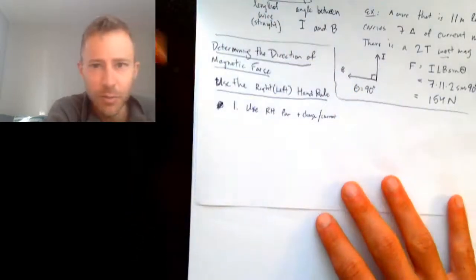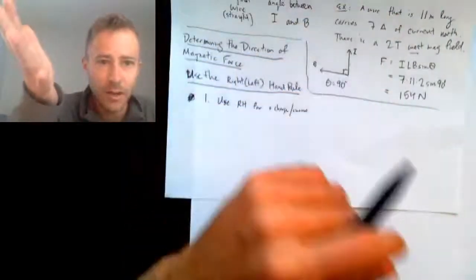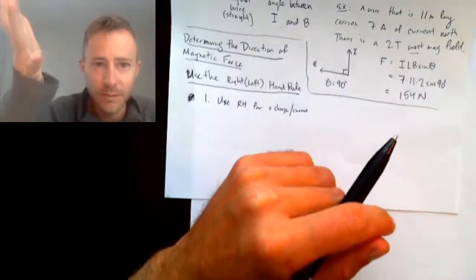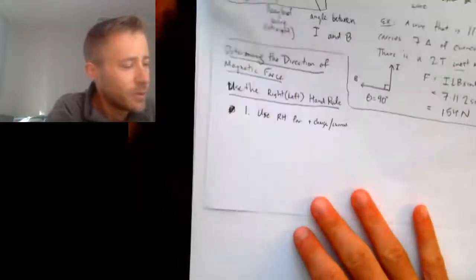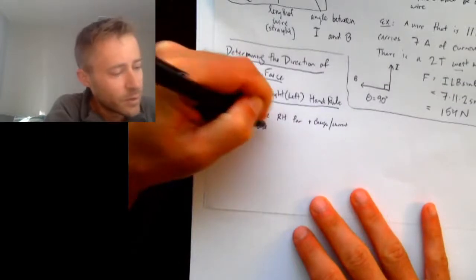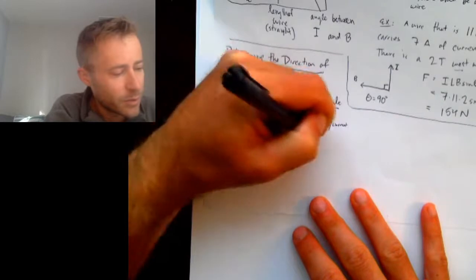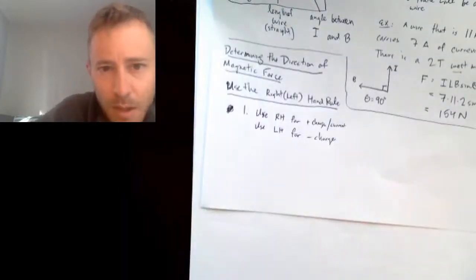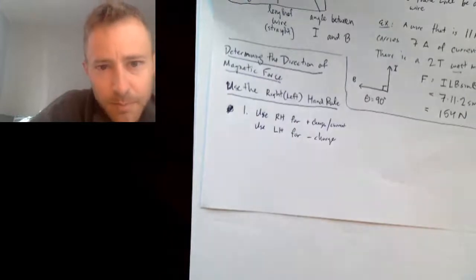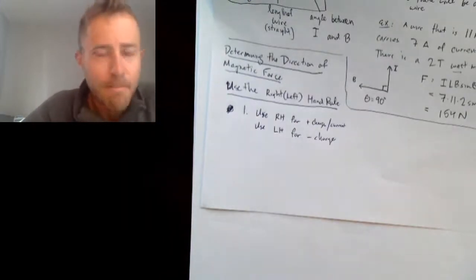So if it's a problem where it's a wire carrying current, you're going to use your right hand. If it's a proton, you're going to use your right hand. You are going to use your left hand for negative charge. So if it's something like an electron moving in a magnetic field, you're going to use your left hand.